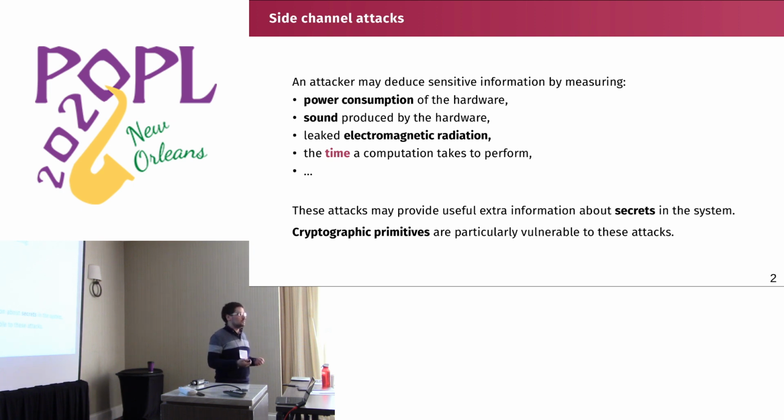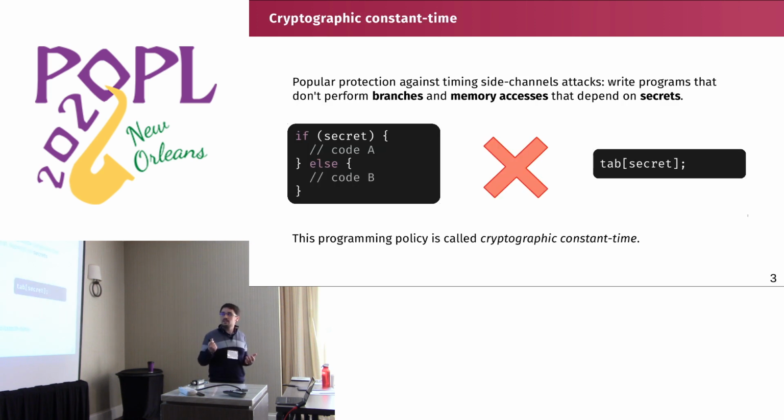The kind of external data an attacker can use can be the power consumption of a hardware, or maybe the one that we will focus on is the time a computation takes to perform. More precisely, cryptographic primitive implementations are shown to be particularly vulnerable to this kind of attack, and that's why there also exist countermeasures to protect against this kind of attack.